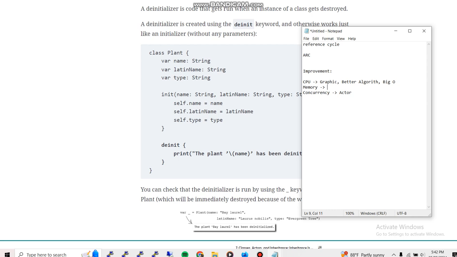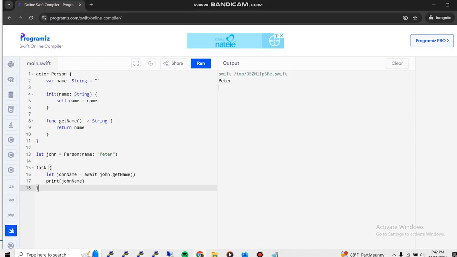And memory has something that we call deinit. The deinit means that you are going to remove the values that you have in your memory. So let's check how it works. We can continue talking about our person.